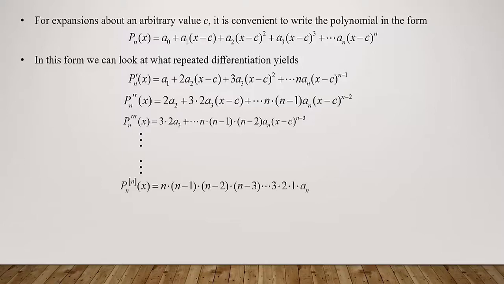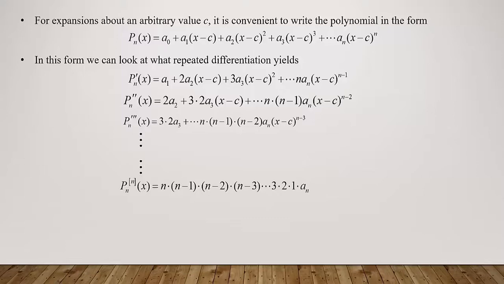So the nth derivative is going to be nothing more than a constant: n times (n minus 1) times (n minus 2) times (n minus 3) times, yada, yada, yada, 3 times 2 times 1, a sub n. You still have that a sub n there. So that's what repeated differentiation looks like.